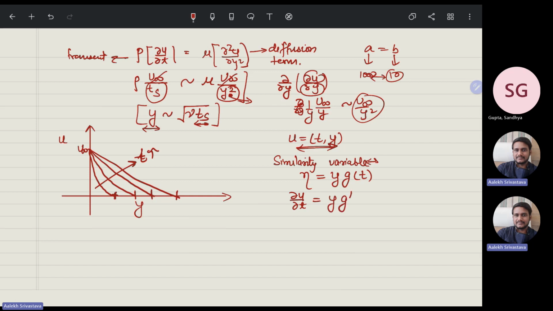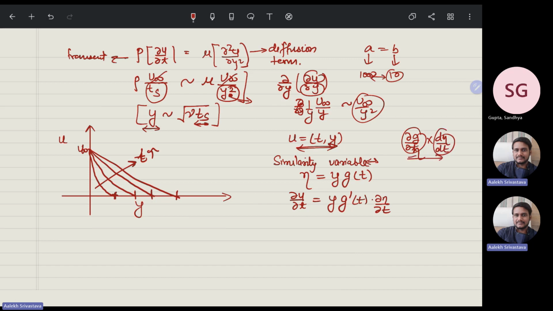y into g prime of t into del eta by del t. Because suppose you integrate, it will be del g by del t, or I should write del g by del eta into del eta by del t.